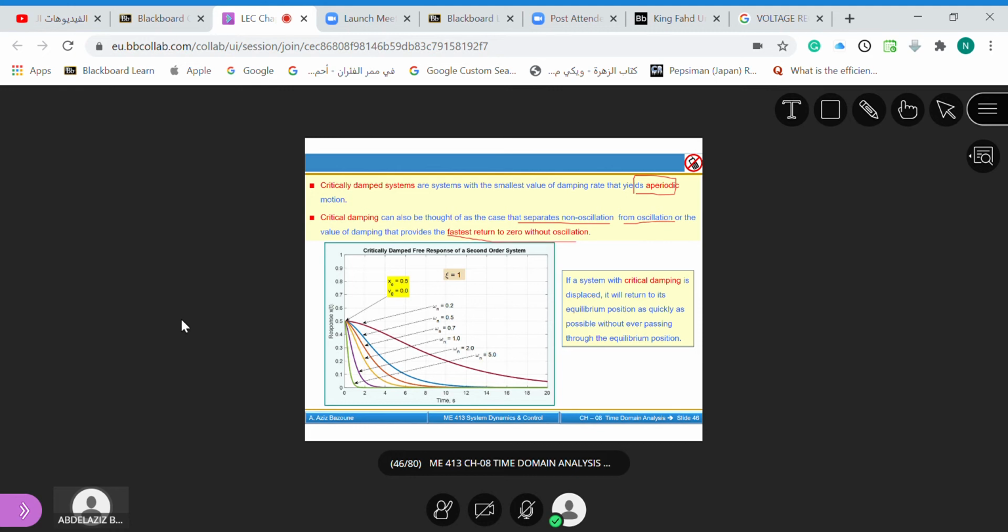So if a system with critical damping is displaced, it will return to its equilibrium position as quickly as possible without even passing through the equilibrium position. This is called the critically damped case.